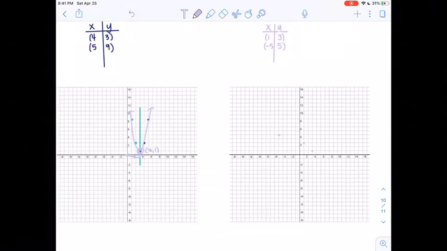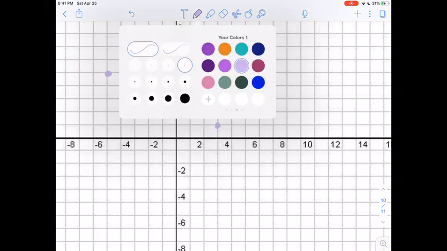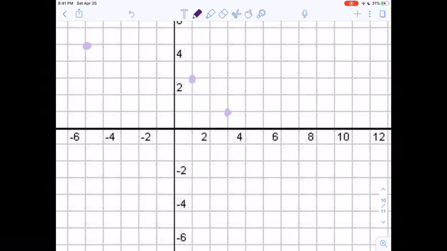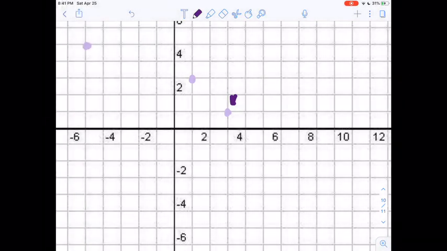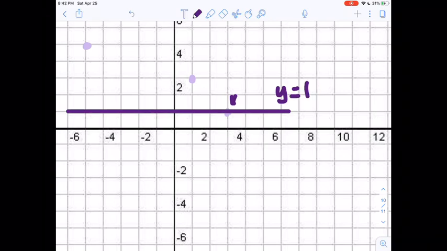Okay, so remember your line of symmetry goes through your vertex. Well, here's my vertex right here, so my line of symmetry is going to cut right down the middle. Now, since it's on its side, my line of symmetry is a horizontal line. Remember, horizontal lines are y equals, so this is actually y equals 1. Not that it really matters that you know that, but it's good to know.